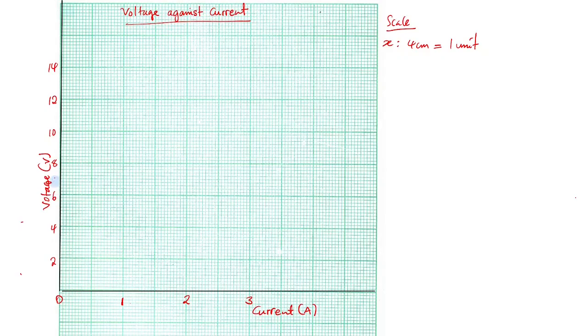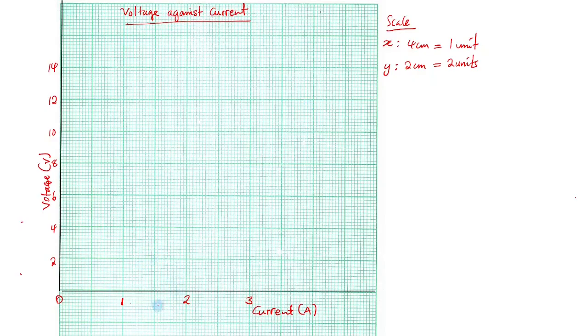Which means that on our y-axis, 2 centimeters represents 2 units. From here to here it's 2. The difference between 4 and 2 is 2. The difference between 6 and 4 is 2. The difference between 8 and 6 is 2. The difference between 10 and 8 is 2. The difference between 12 and 10 is 2. So that's what the scale means.